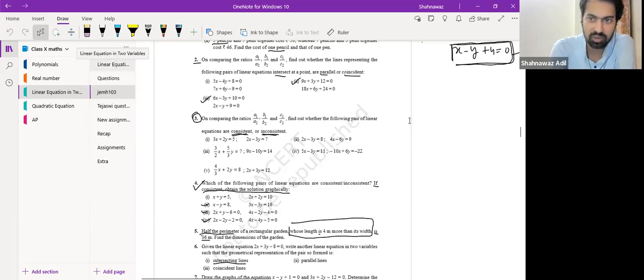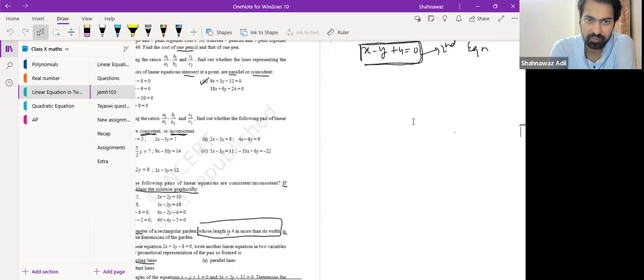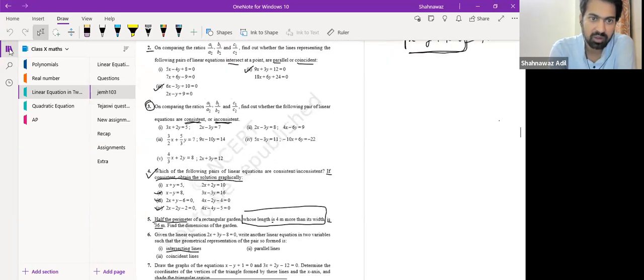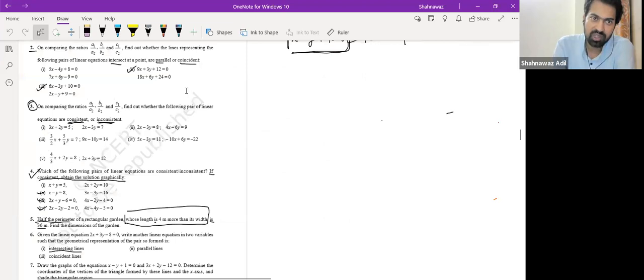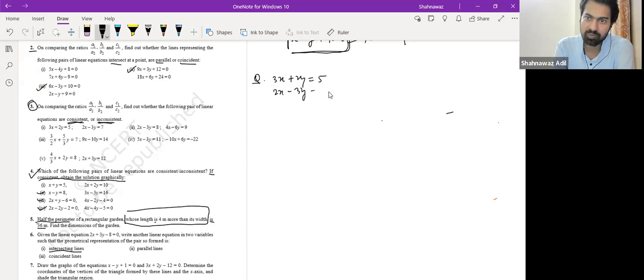Let us do it here so that we can understand. So we have a pair of linear equations: 3x plus 2y equals 5 and 2x minus 3y equals 7.